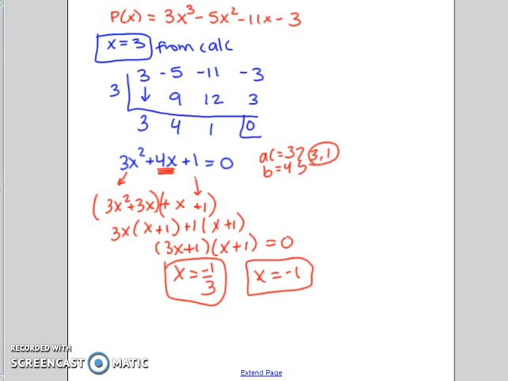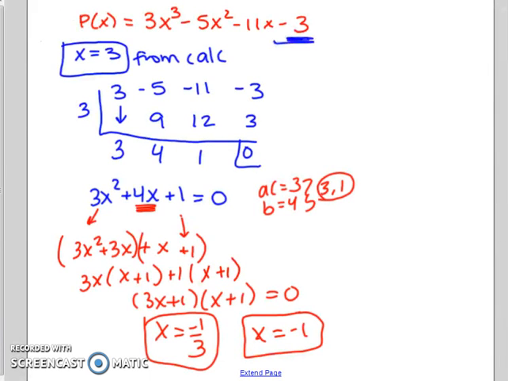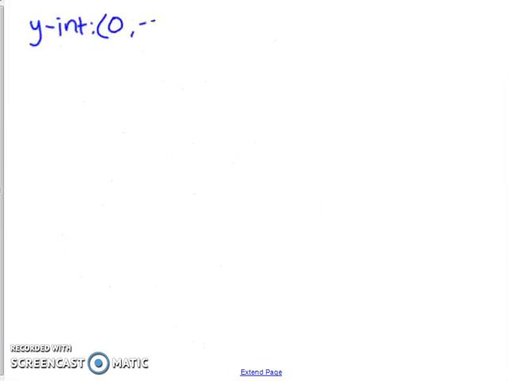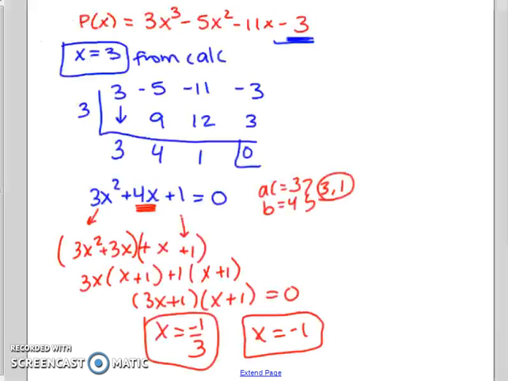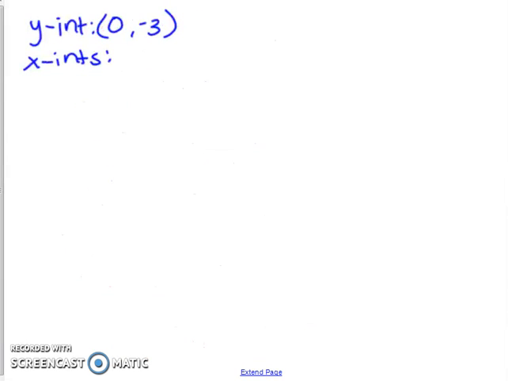Okay, so I'm going to start keeping track of my information. So the y-intercept is my constant term. Since it's negative 3, (0, negative 3) is my y-intercept. My x-intercepts, since I just solved for them, I know I have x equals 3, x equals negative 1/3, and x equals negative 1. So I'm going to have (3, 0), (negative 1/3, 0), and (negative 1, 0).